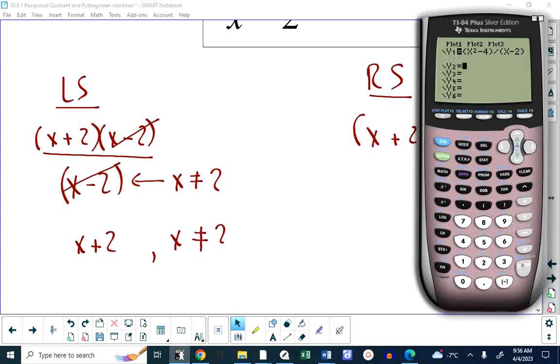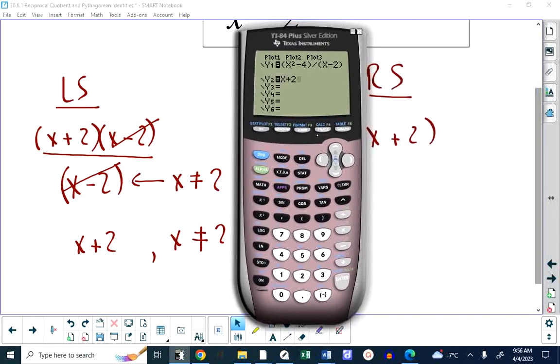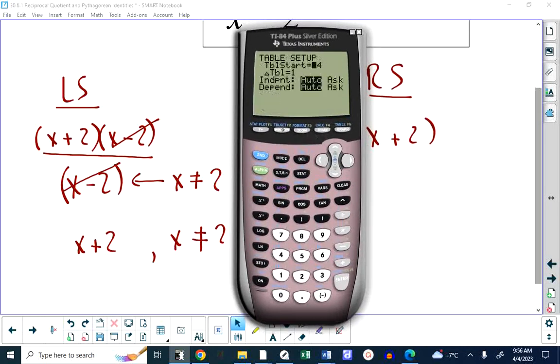And the right-hand side, I'm going to put in x plus 2. And I am going to set up my table to start at negative 10 and go up by 1. Don't worry about y.